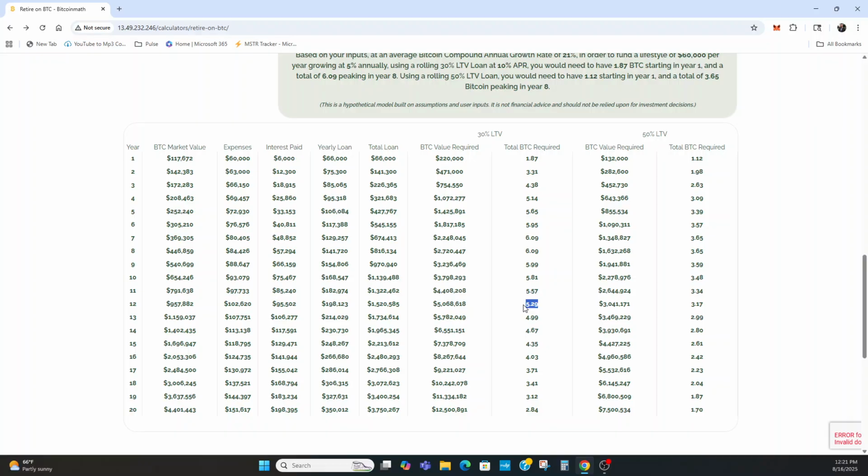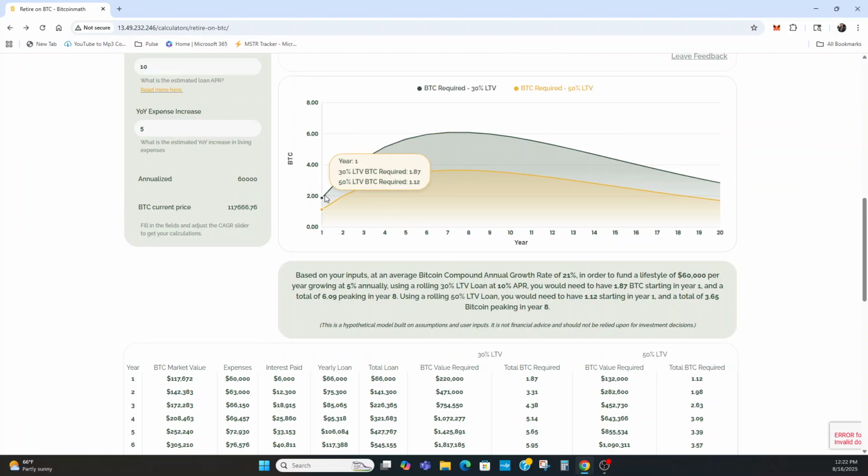And again, that comes back to the compounding factor, and that's why early on you see the amount of Bitcoin required goes up pretty dramatically in the first few years, but eventually flattens out and starts coming down over time as the underlying Bitcoin value itself is appreciating faster than you are borrowing against it.